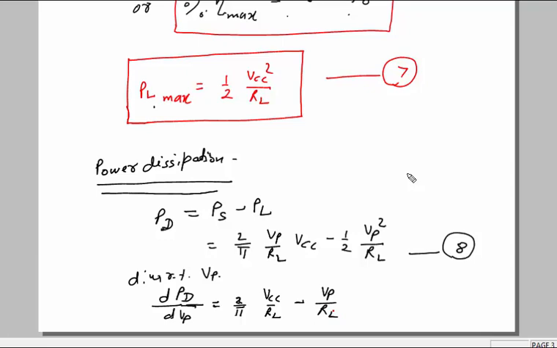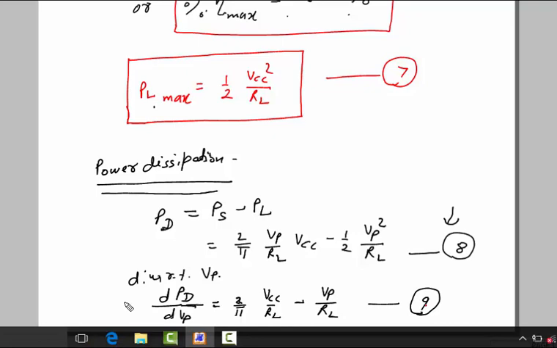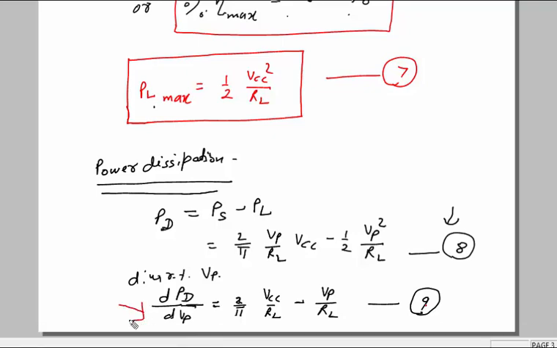This is the simple differentiation we have done. Let's call it equation number 9. Now what does differentiation represent? Differentiation represents the rate of change. In this case this represents the change in PD because of the change in Vp.